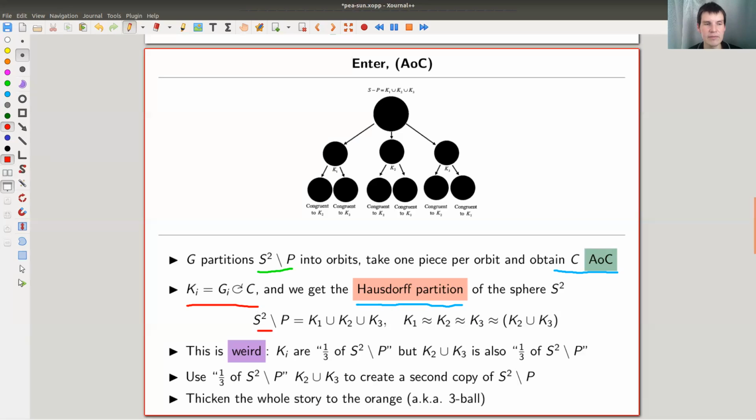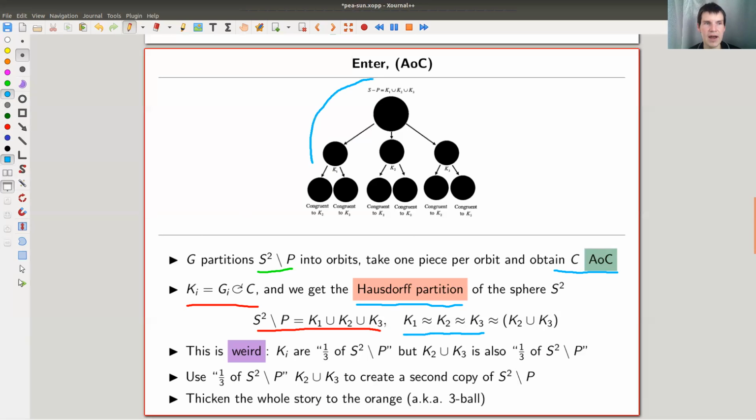And you get a partition, a disjoint union, of your S2 without P. Okay, you have a partition, that's nothing interesting. But the partition satisfies a really weird property. That's why it's also called the Hausdorff paradox, instead of the Hausdorff partition. Namely, all of those sets are congruent. So K1 is congruent to K2, is congruent to K3.